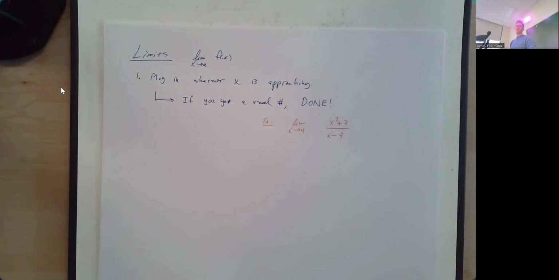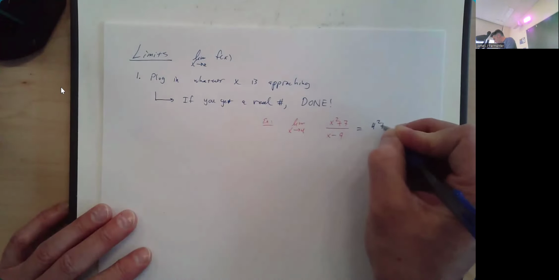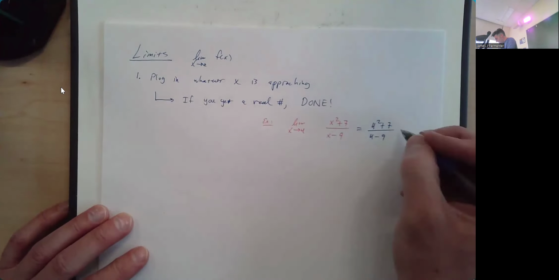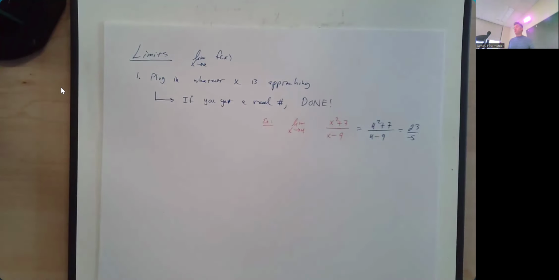Yeah, this would be a problem if I was approaching 9. If I'm approaching 4, I can just plug in 4 and get 4 squared plus 7 over 4 minus 9, which is 16 plus 7 over 4 minus 9. That's it. If you can plug in whatever x is approaching and get a real number, great.